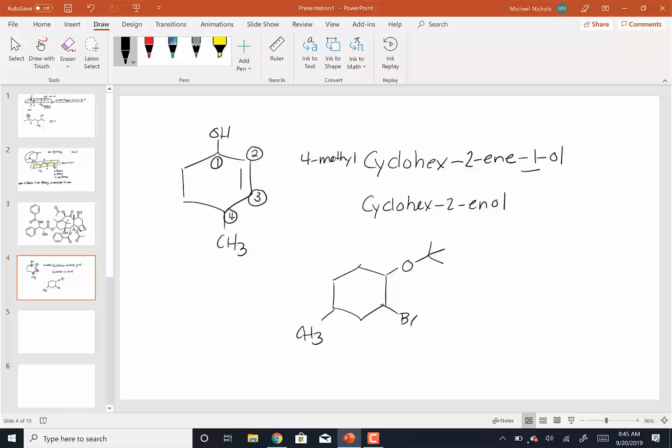I have just regular groups, and so now I revert back to numbering to get me the lowest total sum of substituent numbers, because there's nothing here that automatically gets the number 1 position. And it's weird that they treat alkoxy groups that way, but that's how they do it.